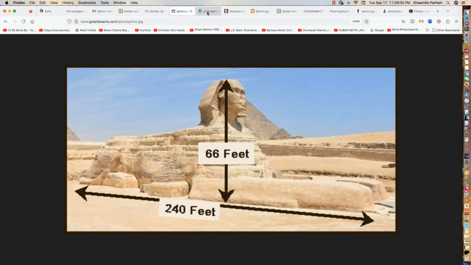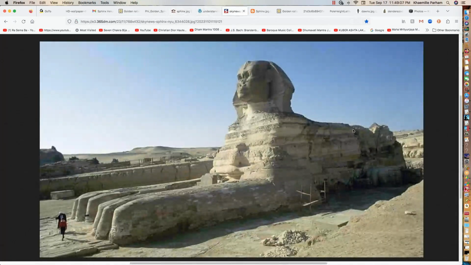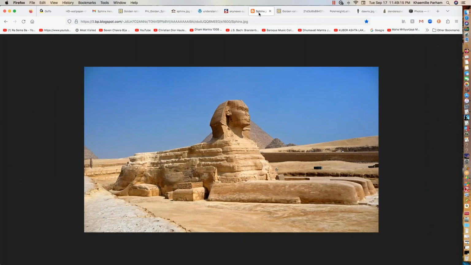But wait, there's more. This fissure here also has measures that are quite extraordinary. Okay? This fissure that's been filled in here. So let's talk about it.